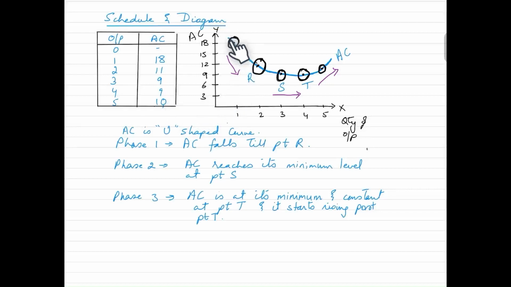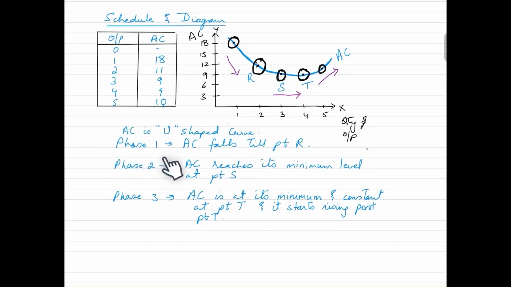This is what the average cost curve also depicts. On the y-axis we have average cost and quantity of output is measured on the x-axis. Average cost is a U-shaped curve, and we have three different segments in which we can dissect this curve and find out its behavior.